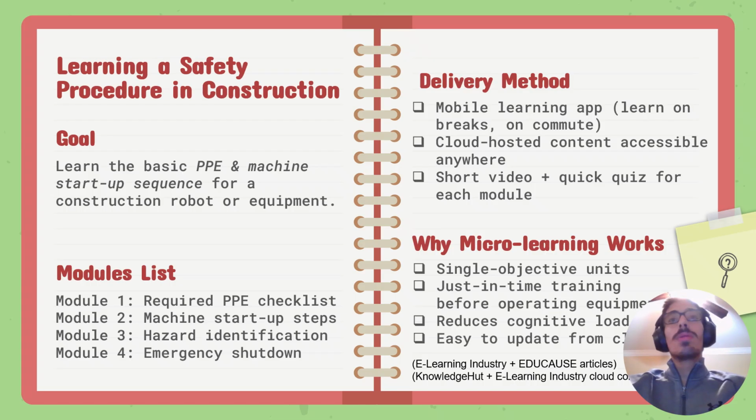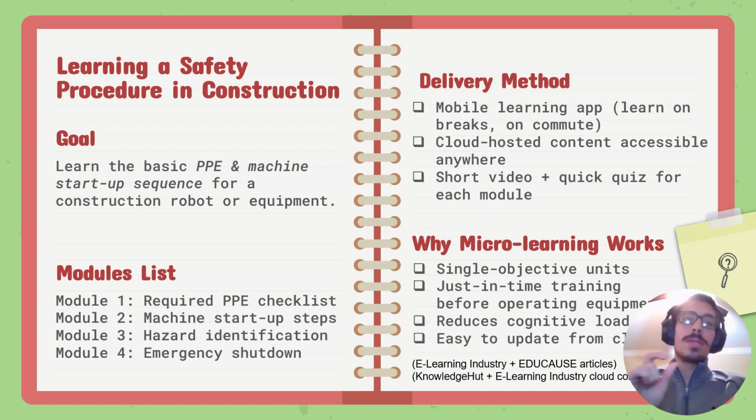Instead of making one long training video, we split it into small micro modules. So here is the module list. Module one will be the PPE checklist, and then right after that, module two is machine startup steps.